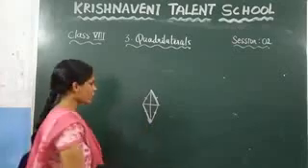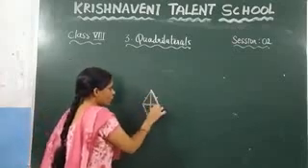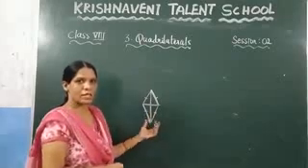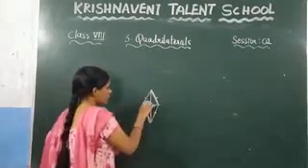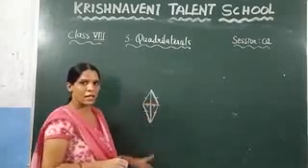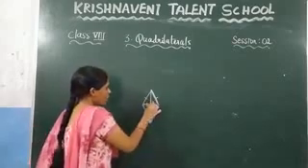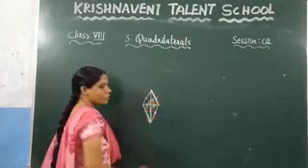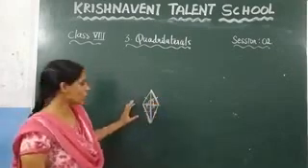And clearly you can observe that the diagonals are not equal in length. One of the diagonals is bisected, which means this length is equal to this length. And where the diagonals intersect, all the angles are equal to 90 degrees. Right? These are the properties of the kite.